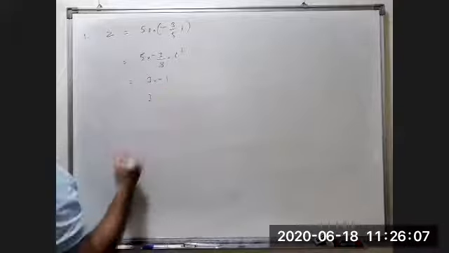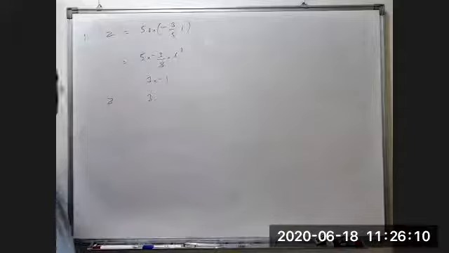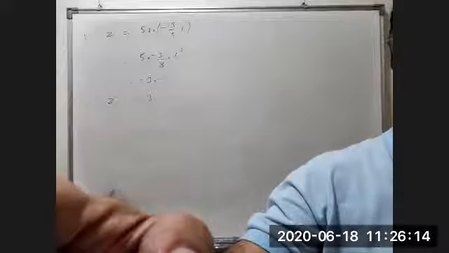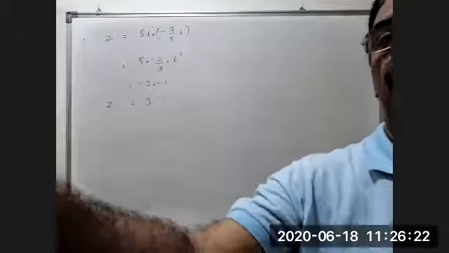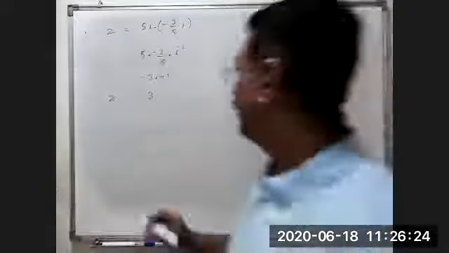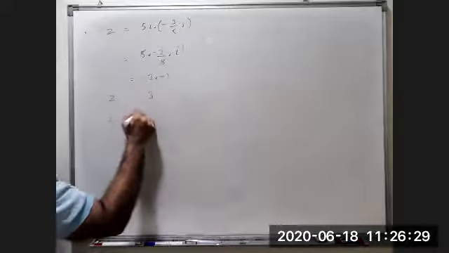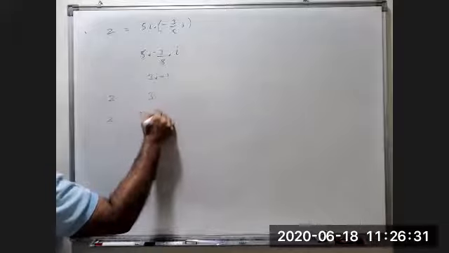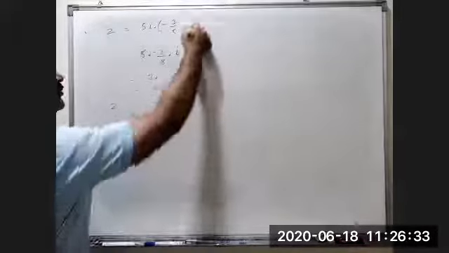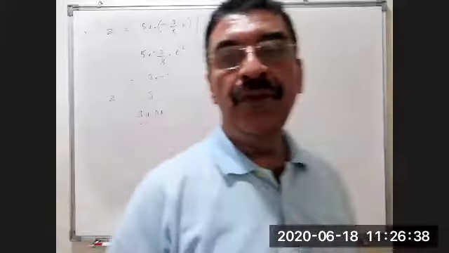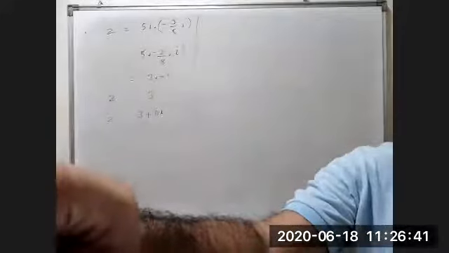So we got it as 3. Now we have to write it in A plus IB form, with real part and imaginary part. So Z is equal to the real part 3 plus 0I. There is no imaginary part. In A plus IB form, if it is a real number, then the imaginary part is 0.